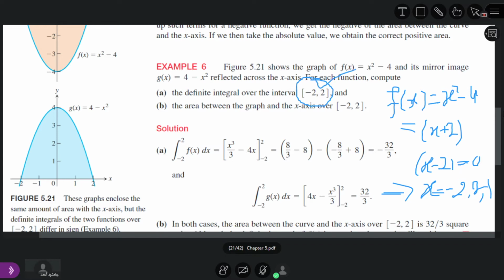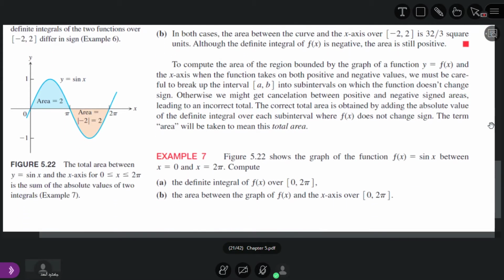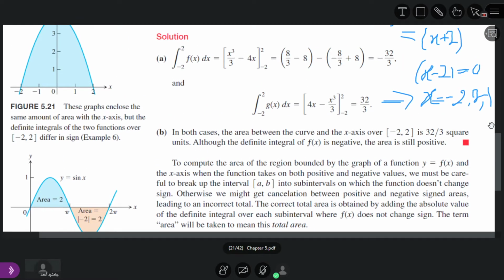To find the area, we divide the given interval into sub intervals, and then we integrate the function over each subinterval. After that, we take the absolute value of the result for each subinterval. Then we sum the absolute values of the integrals. This is called the area.